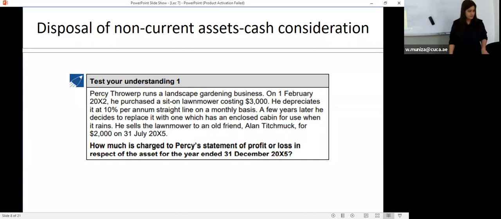Take 2 minutes for this question. How much depreciation will be for 31st December 2005?